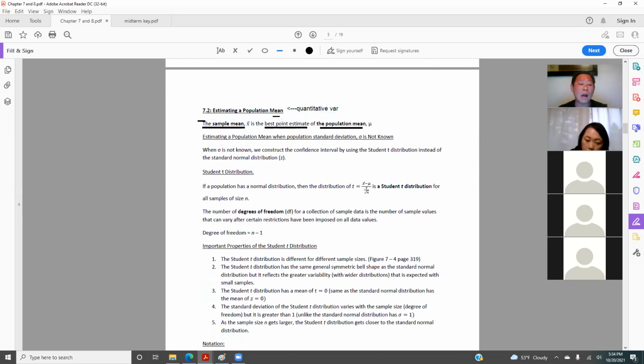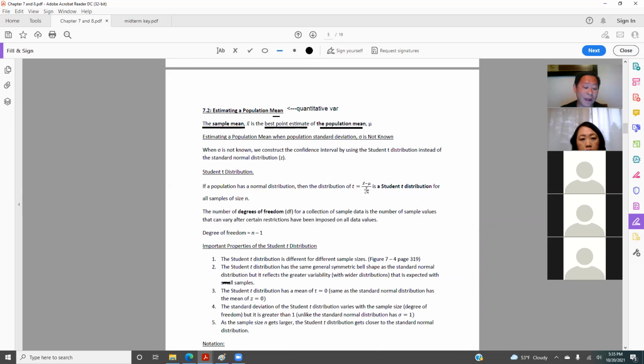Okay, so in order for us to figure out the best point estimate for the population mean, mu is the symbol for population mean, and the best point estimate in this case is the sample mean x bar. So how do you find your sample mean? If the question provides you a sample mean, you use that.